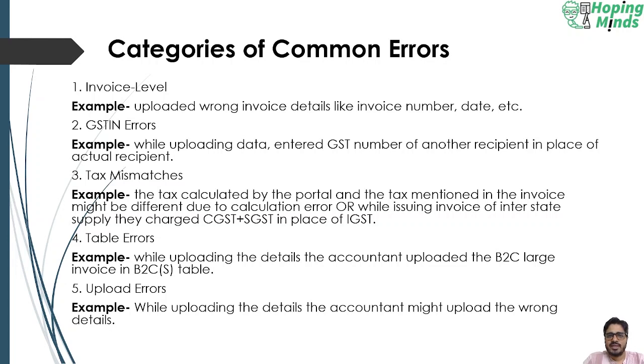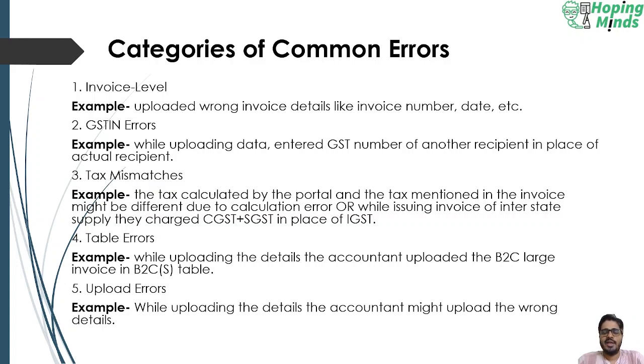So the tax calculated by the portal and the tax mentioned in the invoice might be different due to a calculation error, or while issuing an invoice of interstate supply, they have charged the CGST and SGST in place of IGST. So such errors are identified at the time of entering the data in the GSTR-1 return. Again, this kind of error can be amended in the subsequent period GSTR-1 return using the amendment tables.